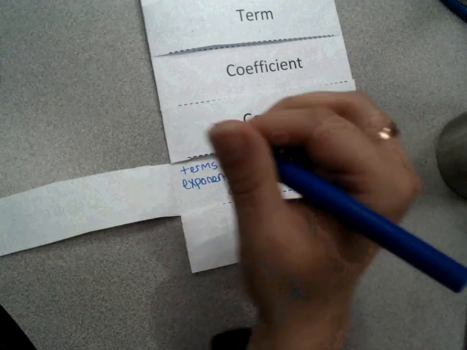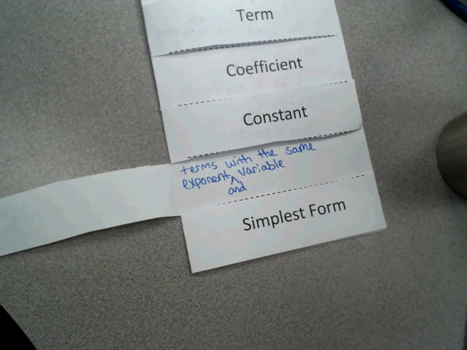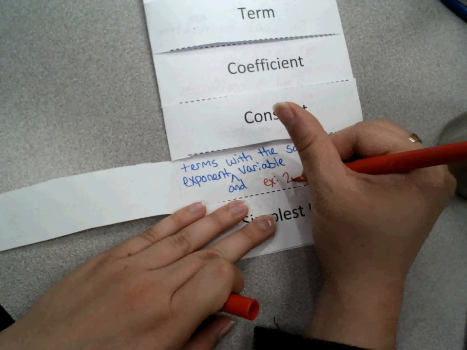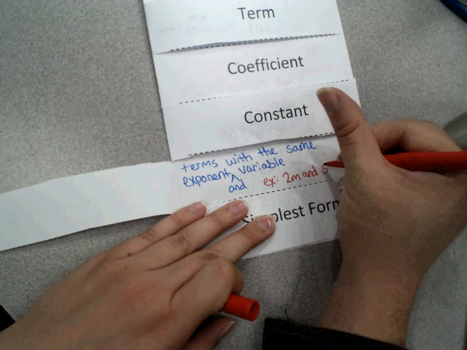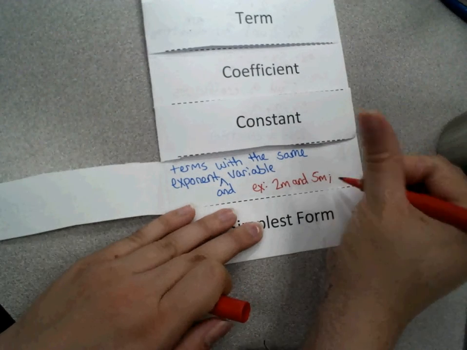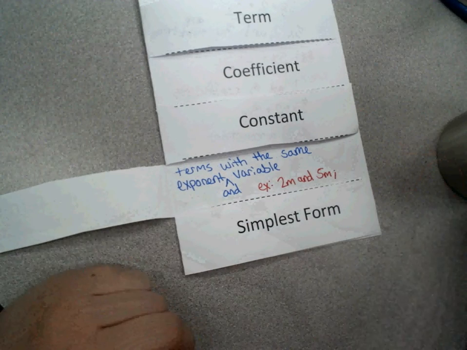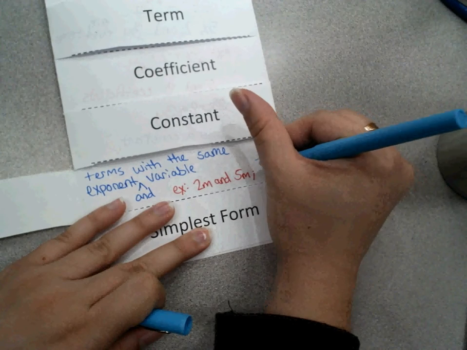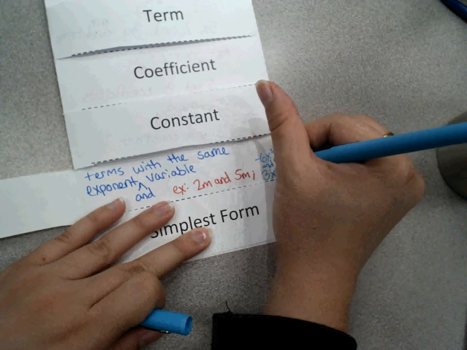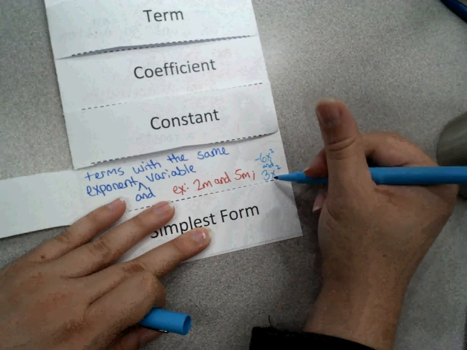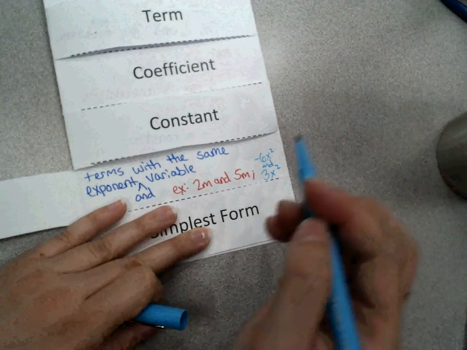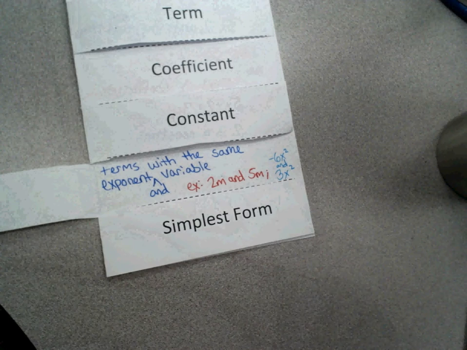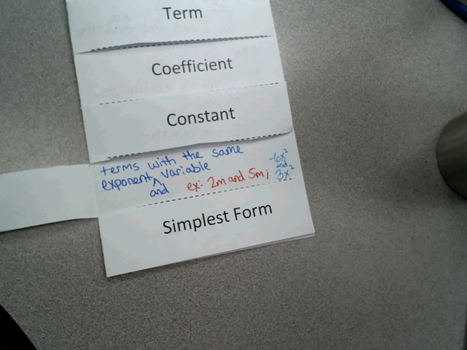For example, 2m and 5m would be like terms. And then another example would be something like negative 6x squared and 3x squared. They both have the x squared. So it's the same variable, but they also have the same exponent. Technically, this exponent is 1, so these two have the same exponent as well. So same exponent and variable.